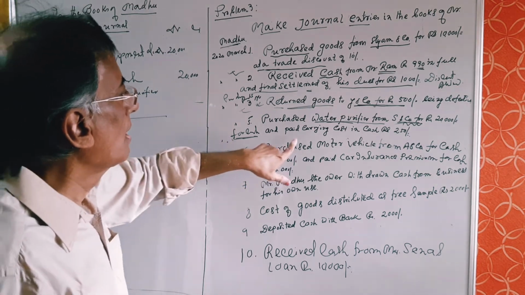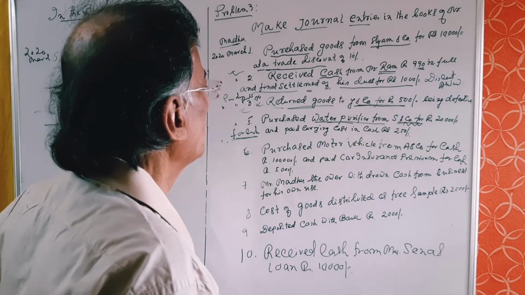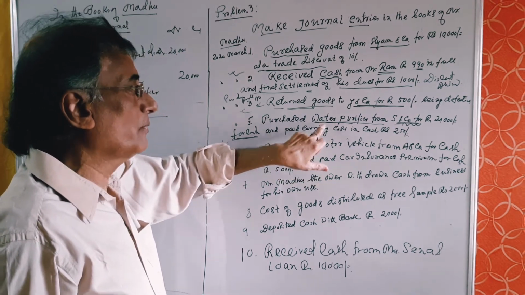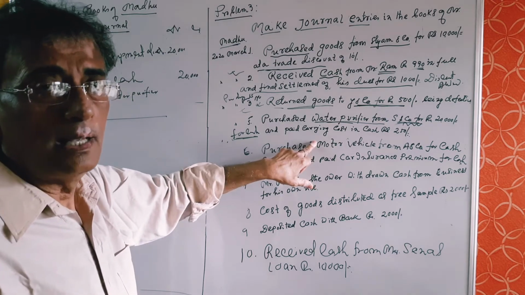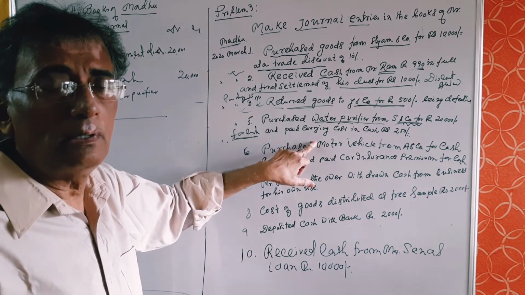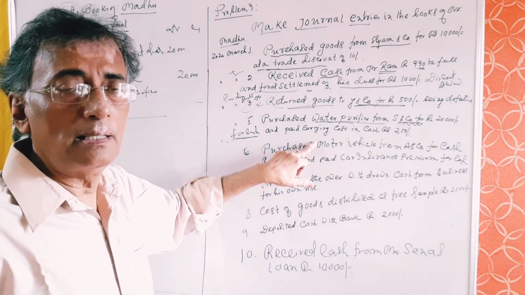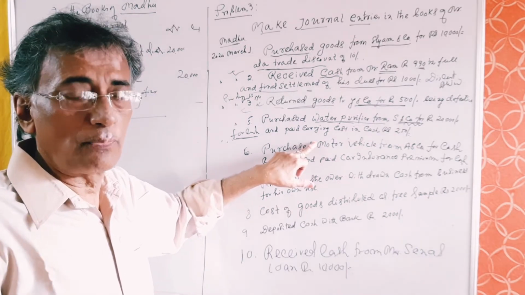Now, paid carrying cost in cash, rupees 250. The carrying cost of water purifier, that is an asset. Carrying cost for an asset cannot be debited to carriage inward account, because carriage inward account involves expenditure incurred towards purchase of goods to the factory premises or office premises.